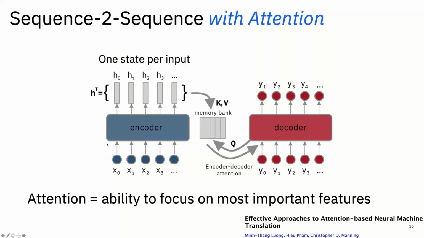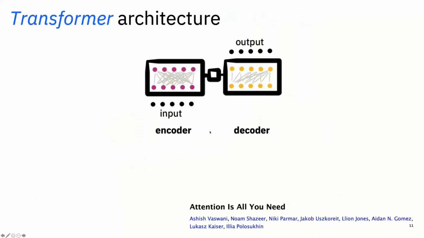Compared to the last slide, the encoder now encodes every single token, every single input individually, saves them in a memory bank, and then at decoding time, so prediction time, the decoder can query this memory bank for the most important features to predict the next token. So the attention mechanism gives the decoder the ability to focus on the important parts of the input.